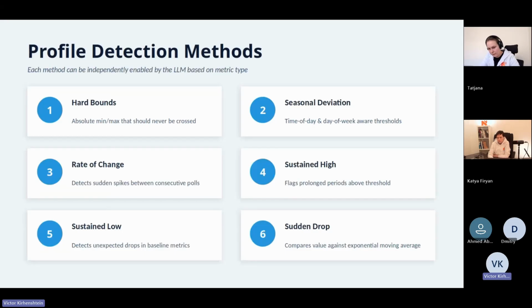Then sustained high and sustained low, which are prolonged periods above or below baseline thresholds. And then sudden drop, where we compare the current value against the exponential moving average, and if it's well below, it also triggers the anomaly detector.